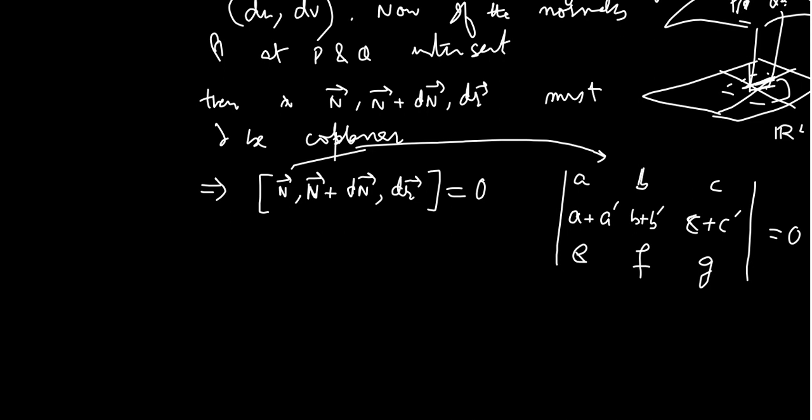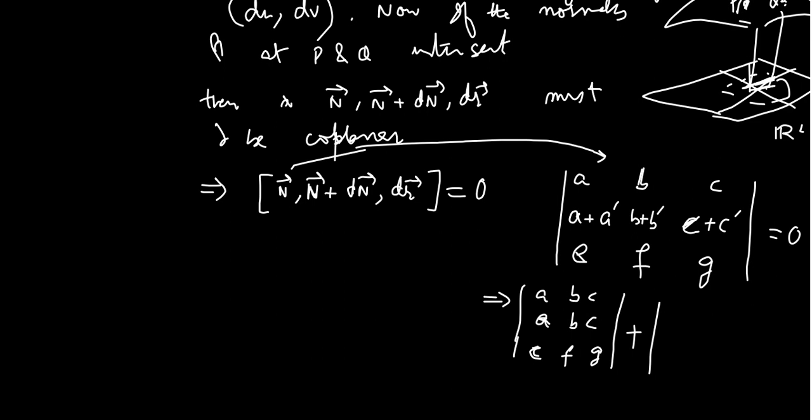Now you know that you can write this determinant as a sum of two. That is, we can write it like this: a b c, a b c, e f g, plus a prime b prime c prime, e f g. You can check, or you must have done it in your earlier class. This thing is equal to 0, because you can write this as this.